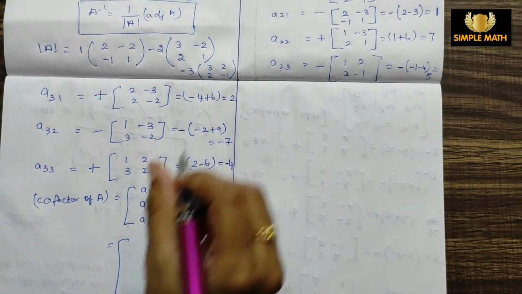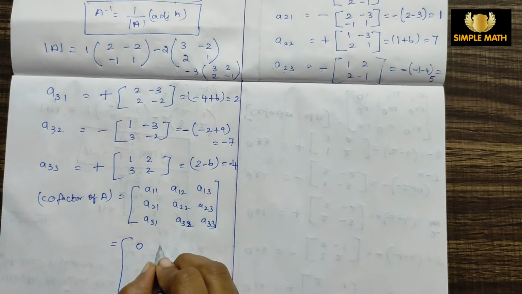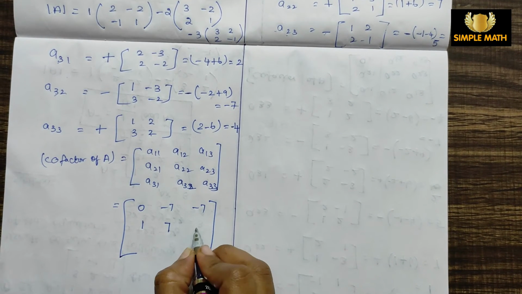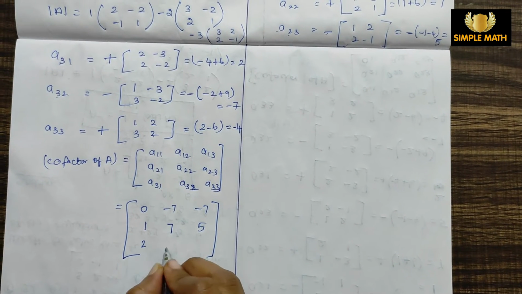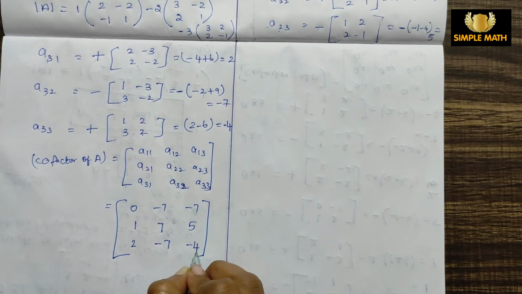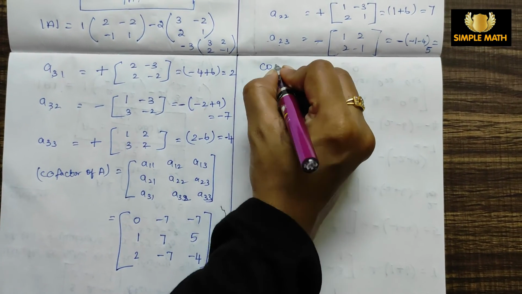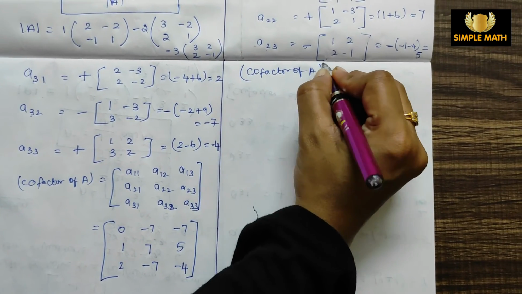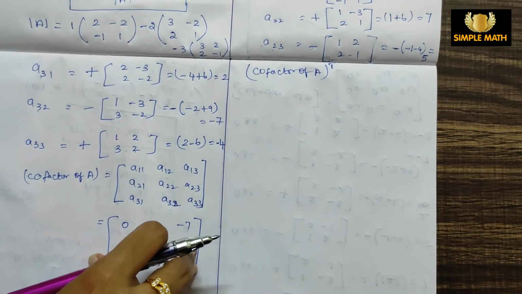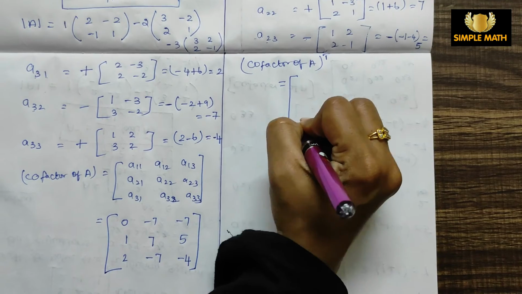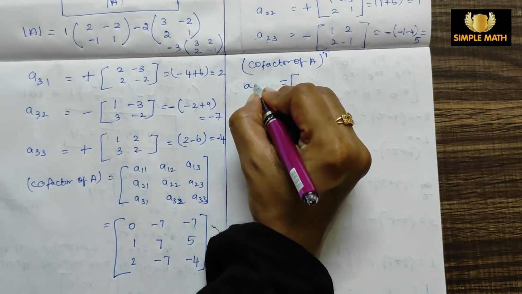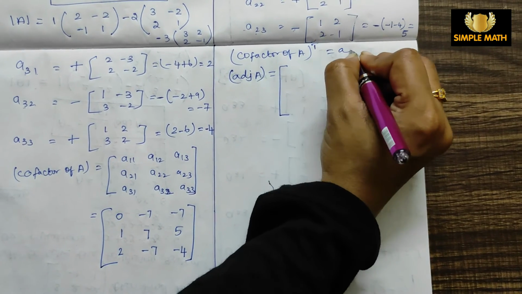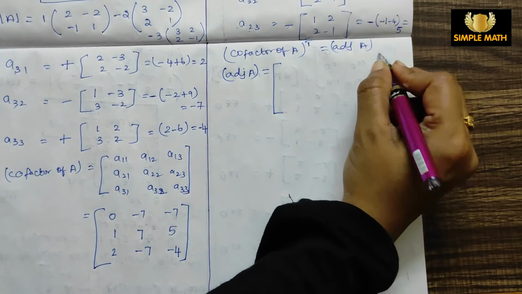So the value is A11 is 0 and A12 is minus 7, A13 is minus 7 and A21 is 1, A22 is 7 and A23 is 5, A31 is 2 and minus 7 and minus 4. So now I have cofactor of A. I am taking the transpose of cofactor of A, which is nothing but reversing row into column and column into row, which is nothing but adjoint of A.